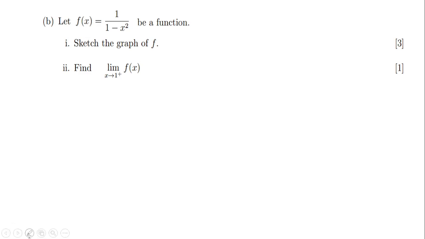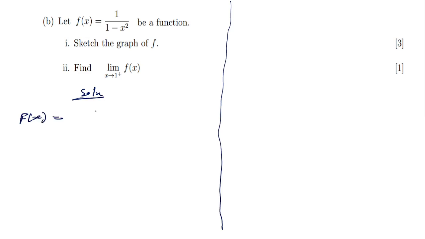Here, mostly what happens is you have to know how to sketch a graph of a radical function and a graph of a rational function. So what are you supposed to do? Very interesting question. f of x is equal to 1 over 1 minus x squared.